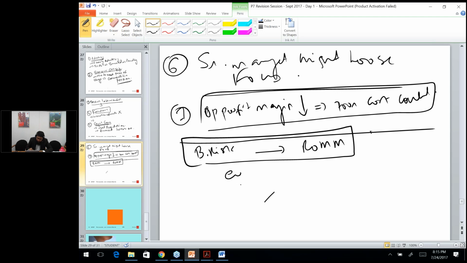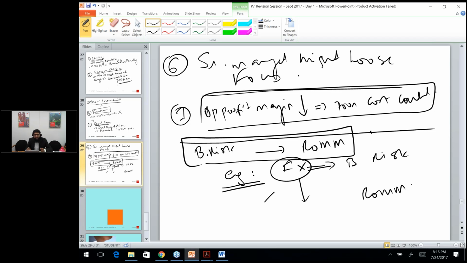Example: when we talk about business risk, at times we say that an entity is dealing with foreign exchange. If the company is dealing with foreign exchange, dealing with foreign exchange is a business risk. But it could lead to the risk of material misstatement. What could be the risk of material misstatement in this foreign exchange?